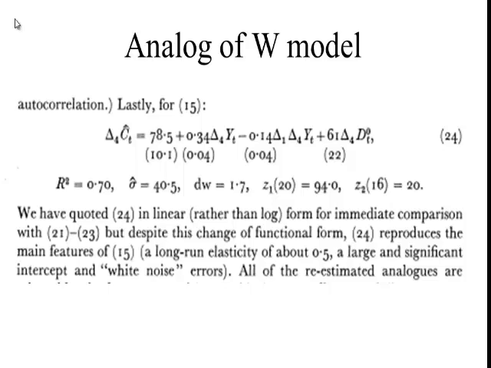If I put in yt and yt minus 4, and then I say that the coefficient of yt minus 4 is exactly negative and equal to the coefficient of yt, that's a linear restriction. We know how to impose such restrictions, but the unrestricted model doesn't impose this restriction. So we just put in yt and yt minus 4 and we estimate, and if it turns out that the two coefficients are similar in size and opposite in sign, then we say okay, this restricted model is correct.